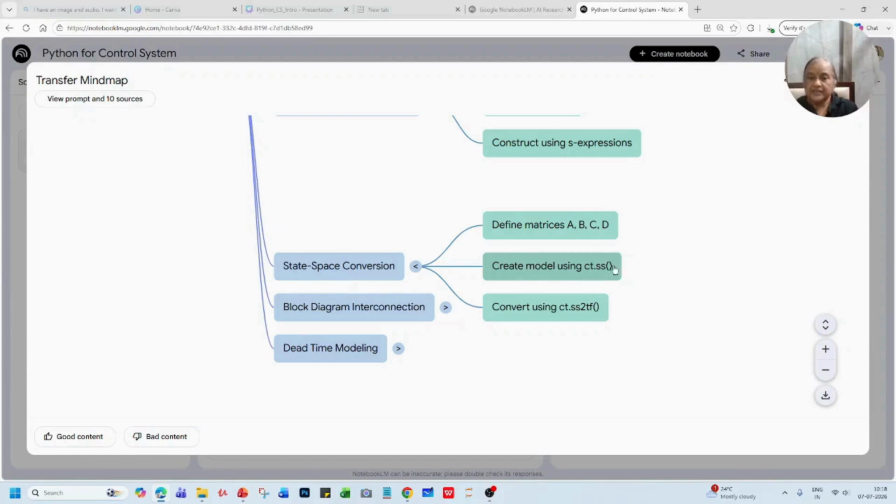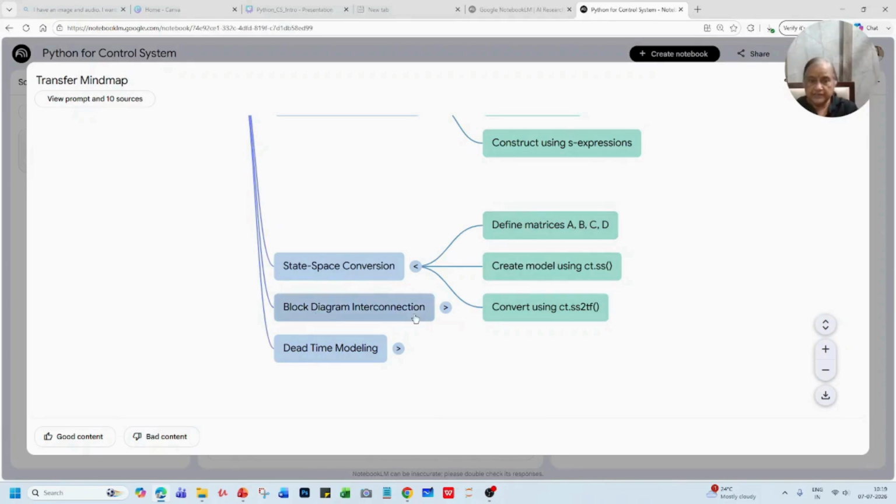And we can always convert this state space to transfer function by making use of ct.ss2tf, that is state space to transfer function. So pass this A, B, C, D here and you will get the transfer function. This is one of the possible ways in which a transfer function can be defined by making use of A, B, C, D.